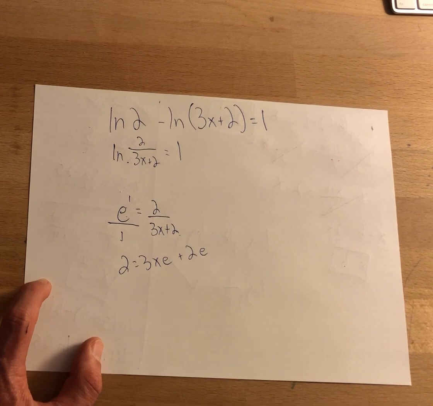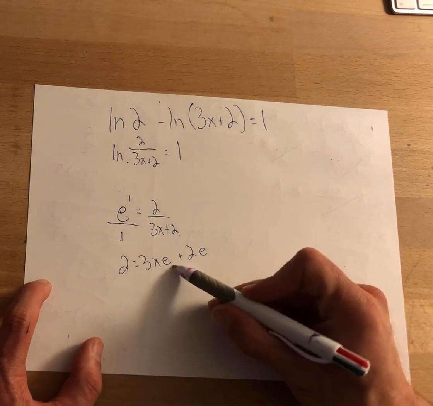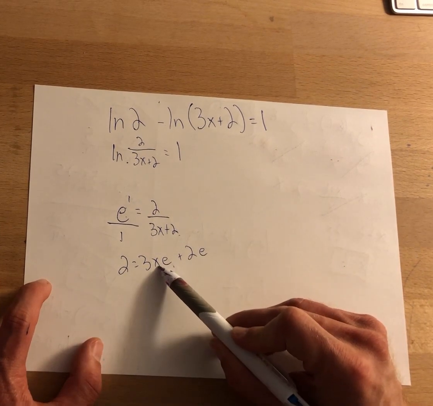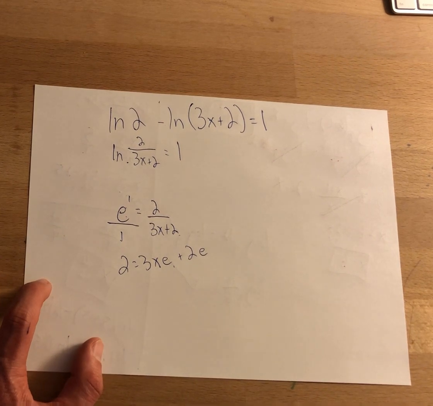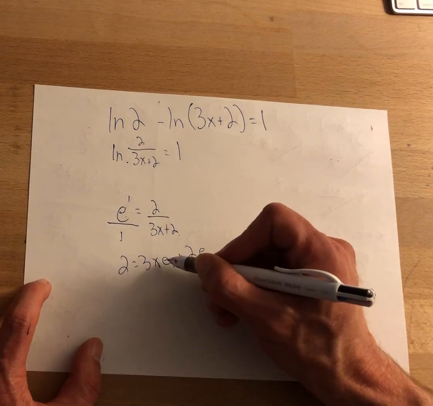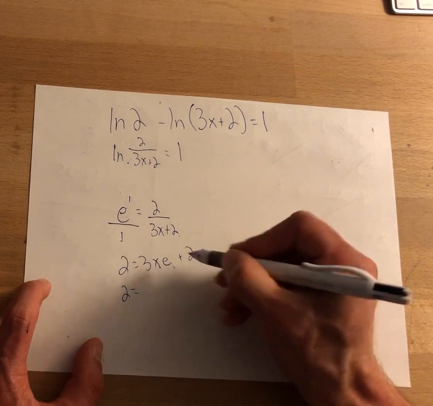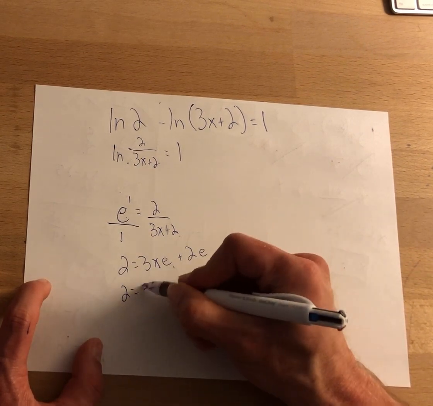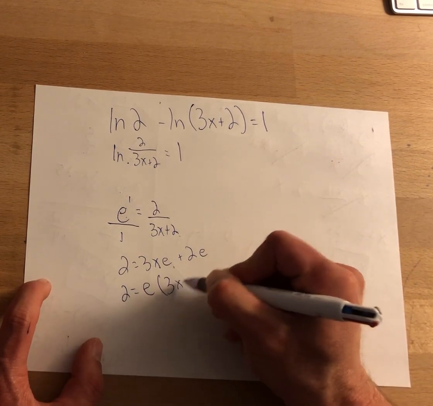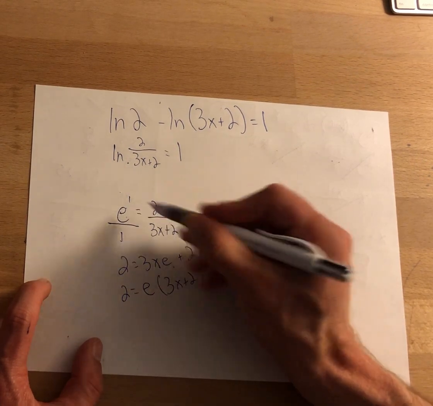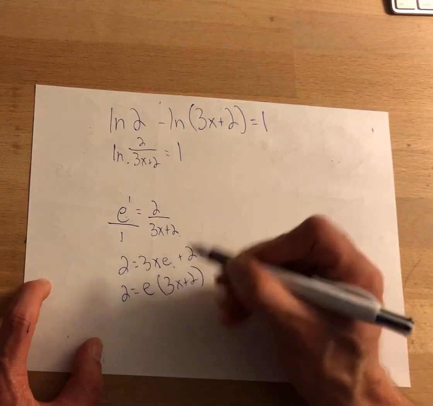All right, now I have to solve for my x. I have to isolate to get x all by itself. First thing I can do is factor out an e from both terms to get 3x plus 2. I actually went backwards on this, but whatever, it's fine.